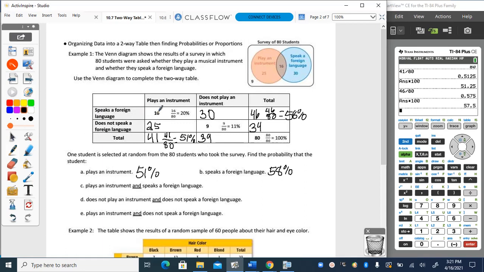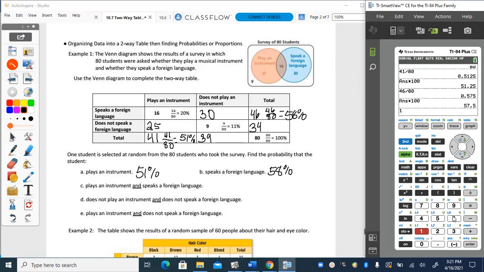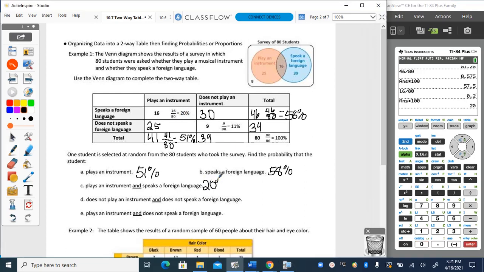Well, that's 16. So we do 16 over 80, which would then get us 16 divided by 80. 0.2 times 100. Well, that'll get us 20%. So 20% of students play an instrument and speak a foreign language.